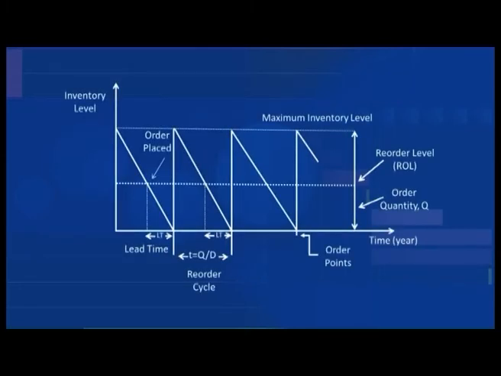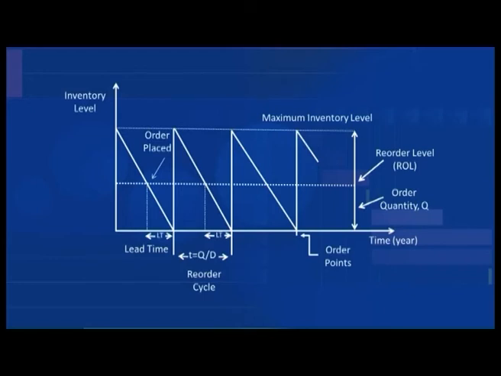Look at this figure. It shows the behavior of an inventory system that operates on the assumptions listed above. At the beginning of the inventory cycle time, we start with a maximum amount of inventory equal to the order quantity Q. As this amount is consumed, the level of inventory drops at a constant rate equal to the demand rate D. When it reaches a specific level called reorder level ROL, enough inventory is available to cover expected demand during the lead time LT.